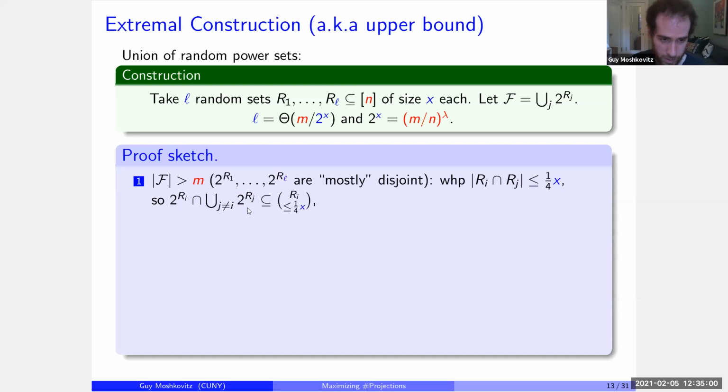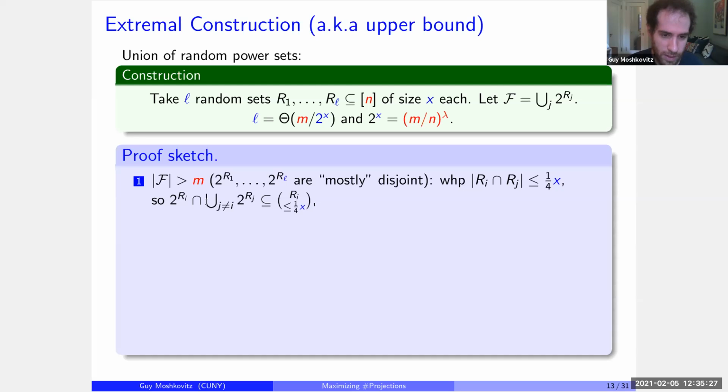Now, the obvious fact is that if your set is in the intersection of these power sets, then in particular it is a subset of Ri and a subset of Rj, which means that it's a subset of the intersection of Ri and that Rj.